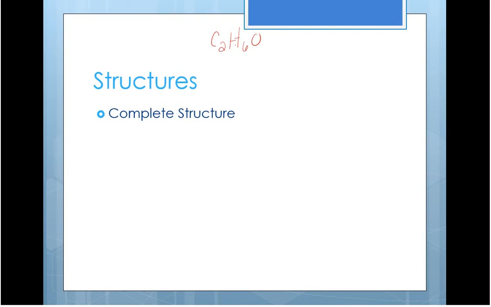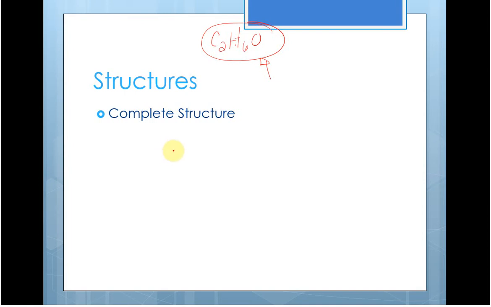That's the molecular formula for a compound. But that doesn't really tell us how things are bonded. And so there's a few ways that chemists would want to deal with this instead. For us, probably the most detailed information you can get is from the complete structure.